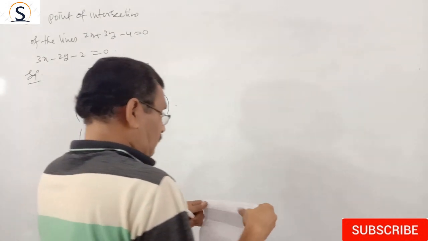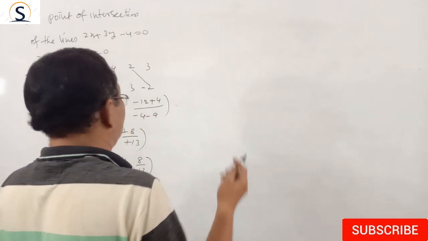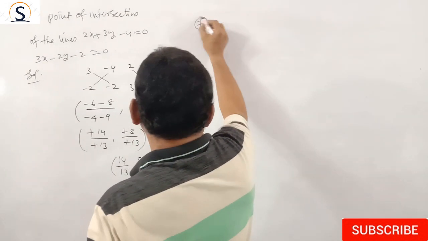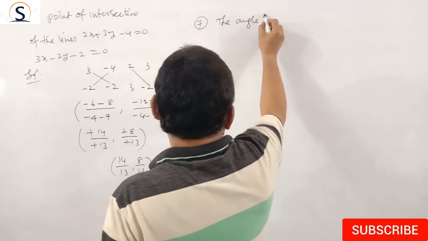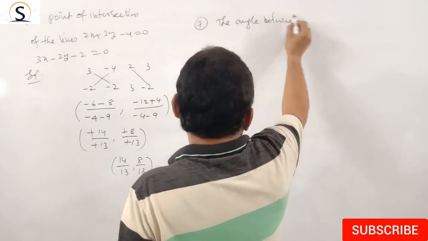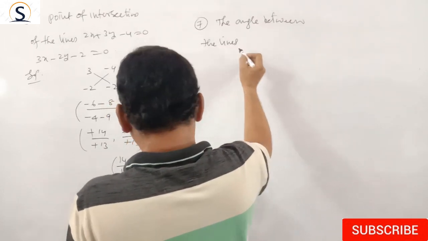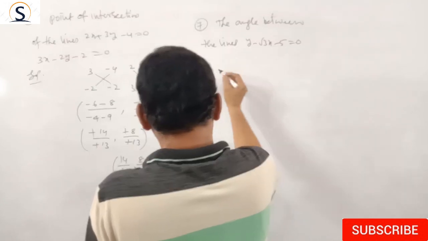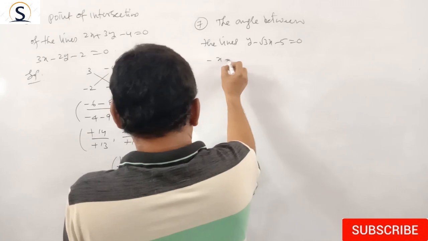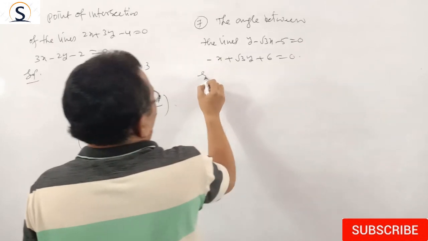Next, in the next problem, he is asking the angle between the lines. The angle between the lines y minus root 3 x minus 5 is equal to 0, comma, minus x plus root 3 y plus 6 is equal to 0.